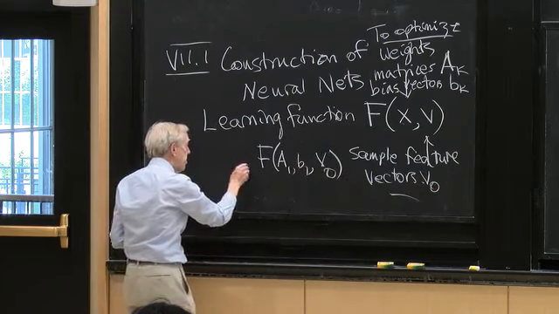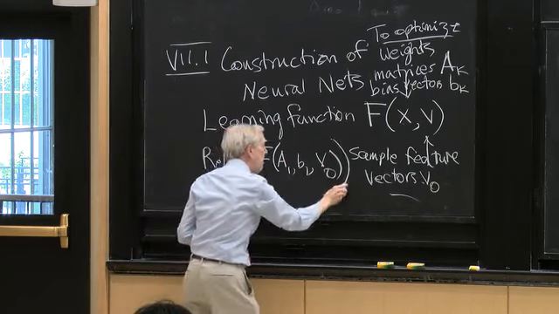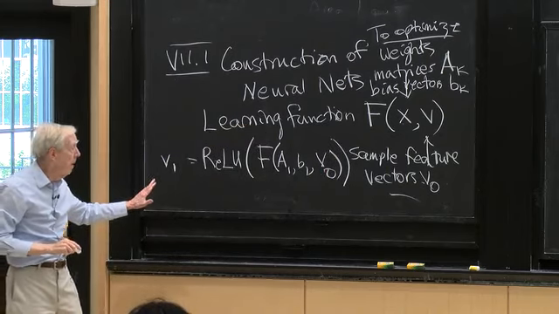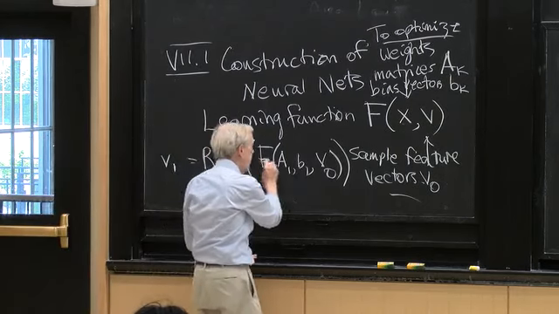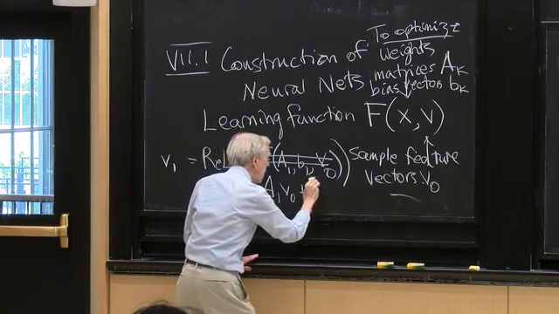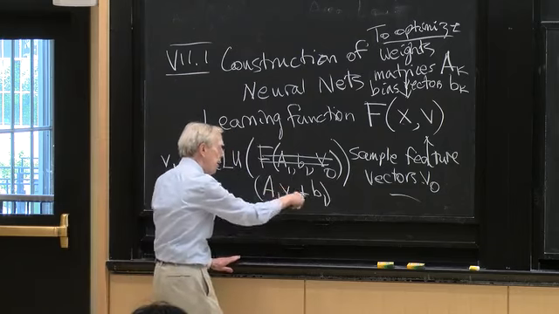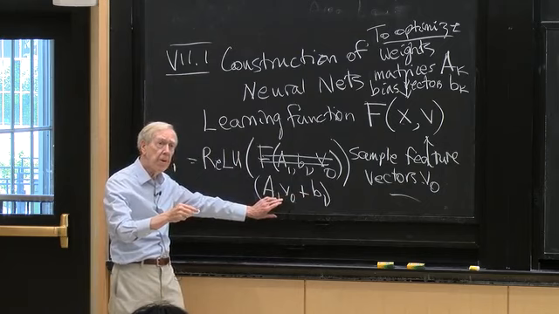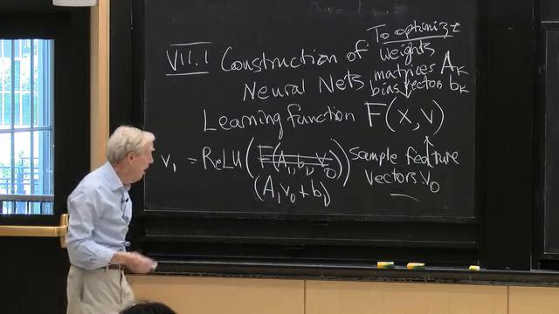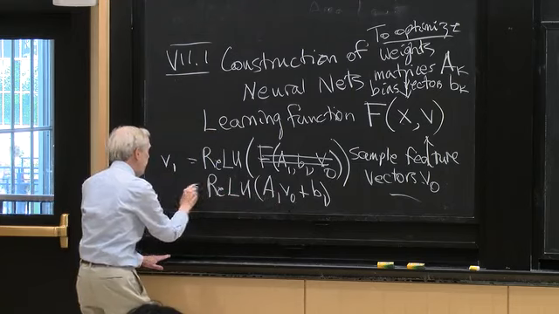You take A1 V0 plus B1, so that's the linear step using the first weights. Then you take the nonlinear step to each component, and that gives you V1.